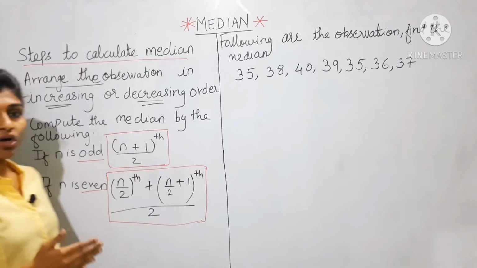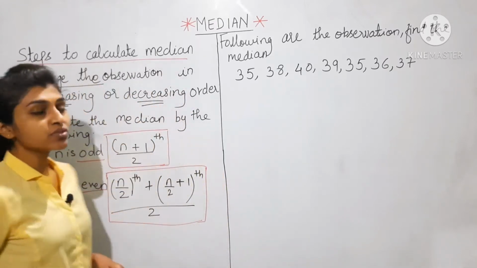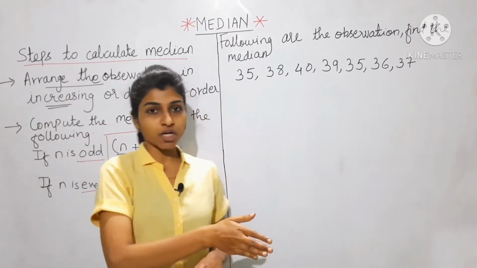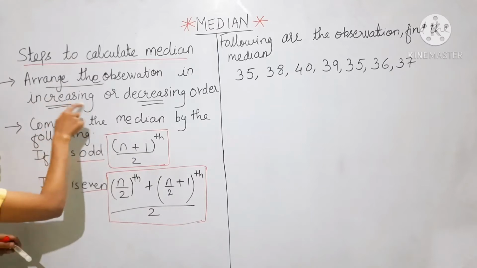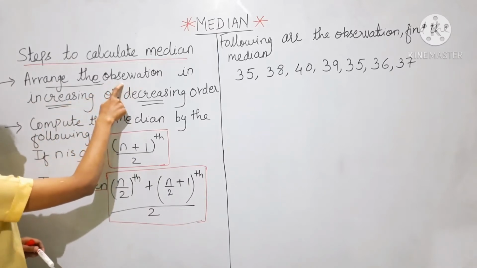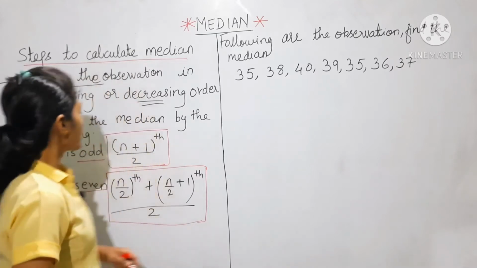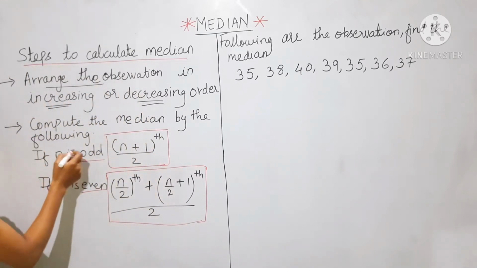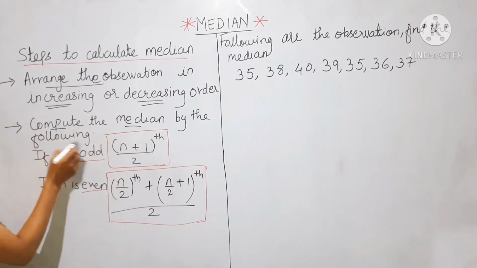Increasing order means from smaller to greater numbers, and decreasing order means from greater to smaller numbers, like ascending or descending order. Once the observations are arranged, the next step is to compute the median by the following method.